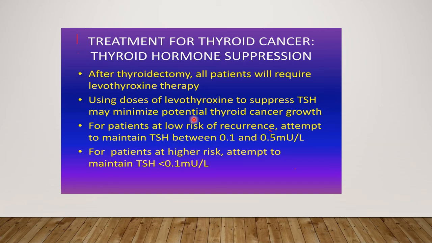For patients at low risk of recurrence, attempting to maintain the TSH between 0.1 and 0.5 micro units per liter is advisable. For patients at higher risk, attempt to maintain the TSH less than 0.1 micro unit per liter.